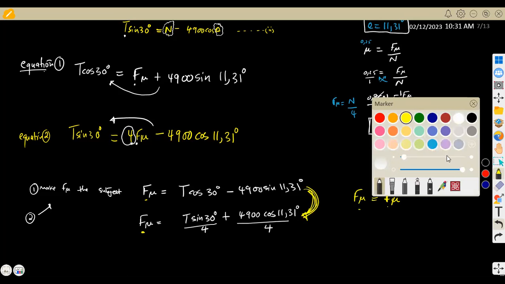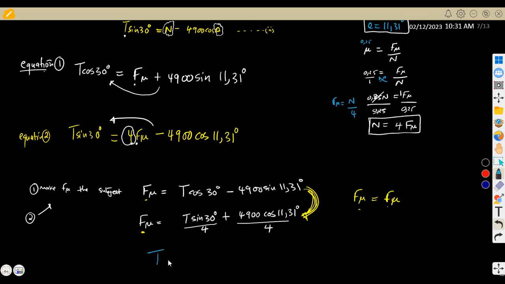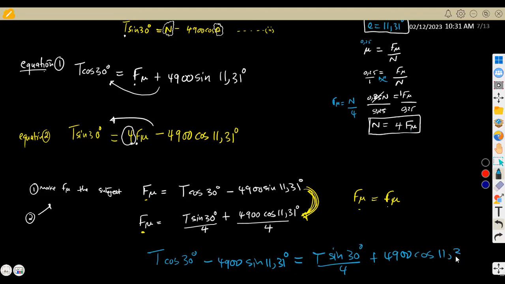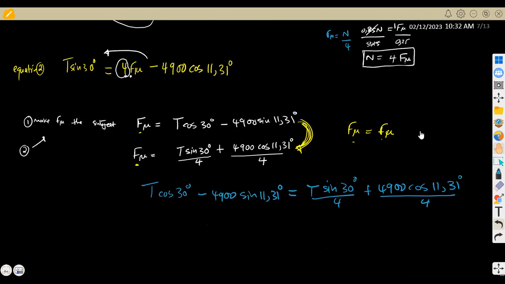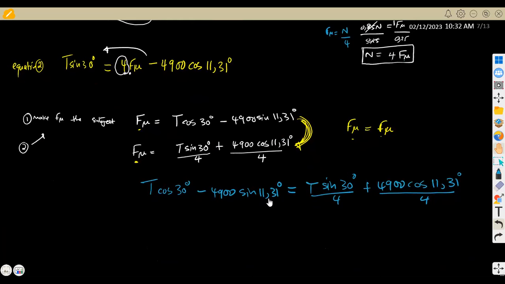We can have our equation now as T cos of 30 degrees minus 4,900 sine of 11.31 degrees is equal to the whole of this part, which is T sine of 30 degrees plus 4,900 cos 11.31 degrees, everything over 4. That's what you're going to have at the end. So these two are equal, and by collecting like terms, we can solve for T.